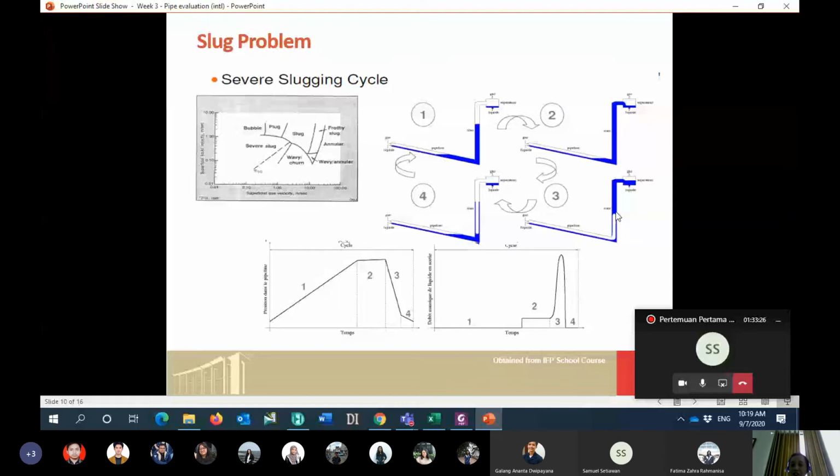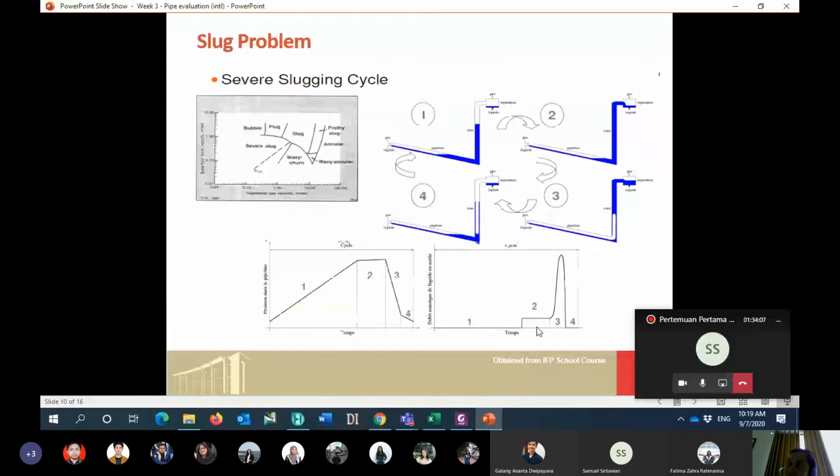So there will be a problem in the separator, because your liquid will go to the separator in a very high amount. As in the lower graph, at number 1 there is no liquid in the separator, then suddenly at number 3 you have a very high amount of liquid, and after that you don't have any liquid production. This is the problem we have in slugging conditions.